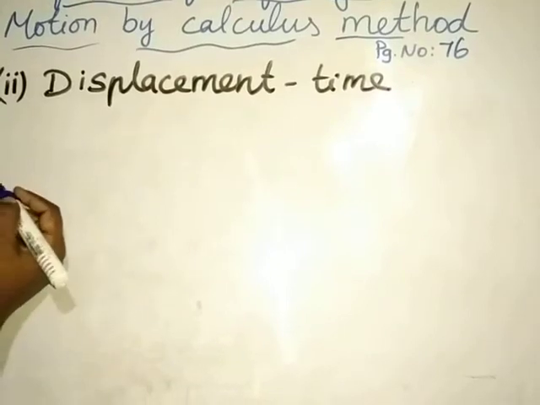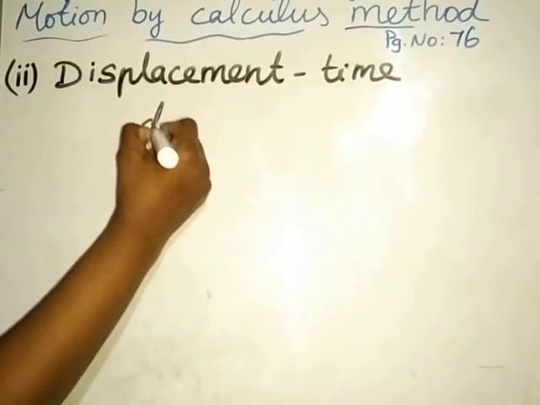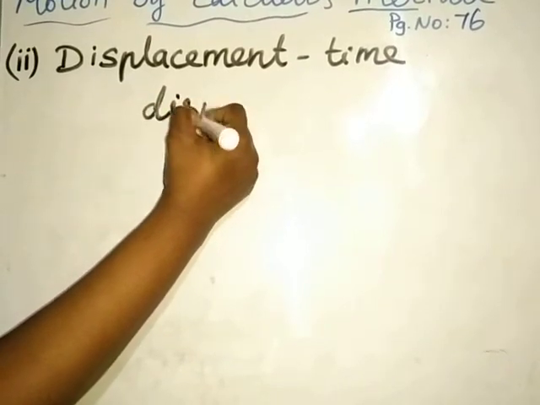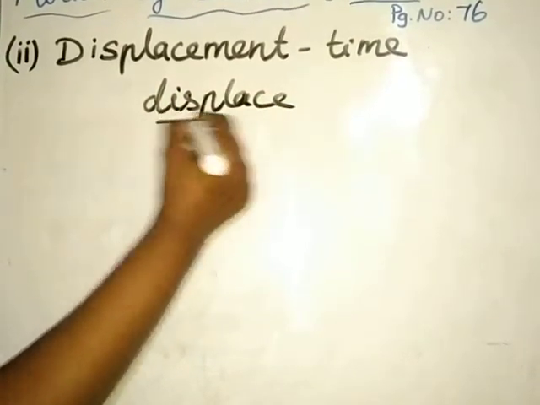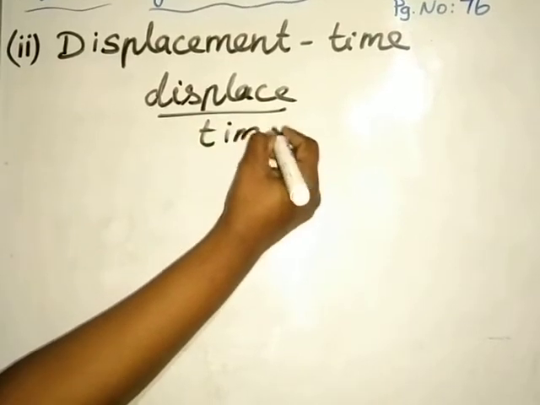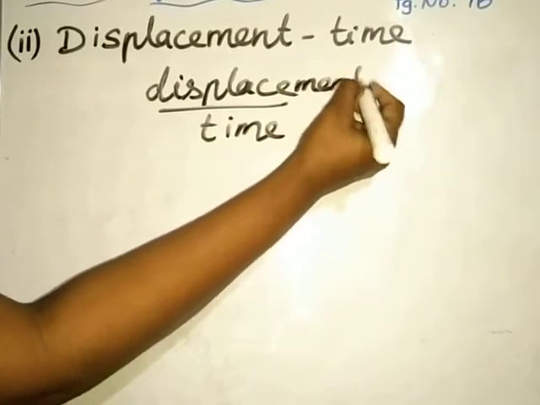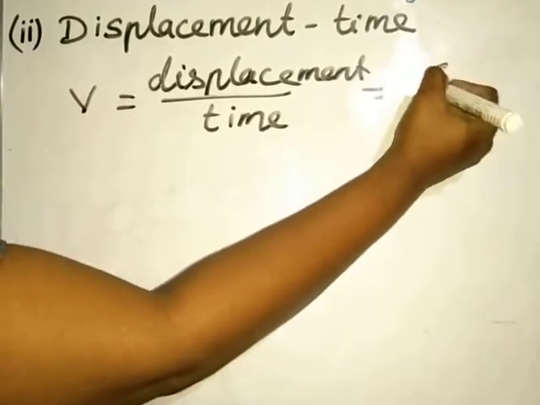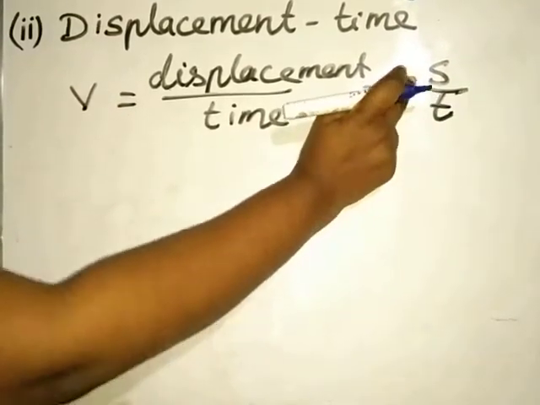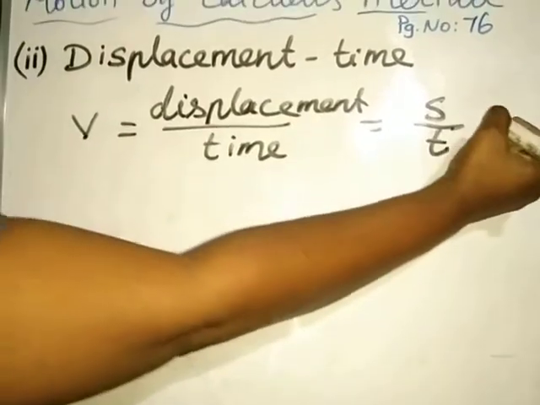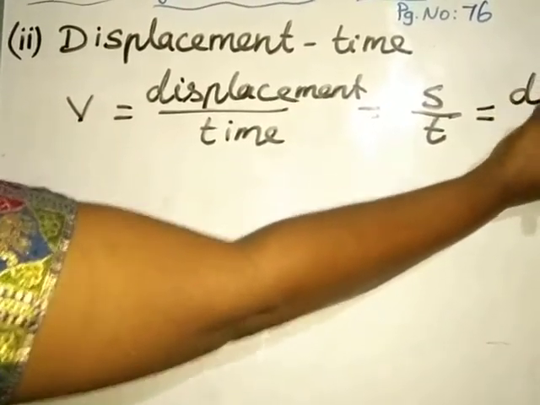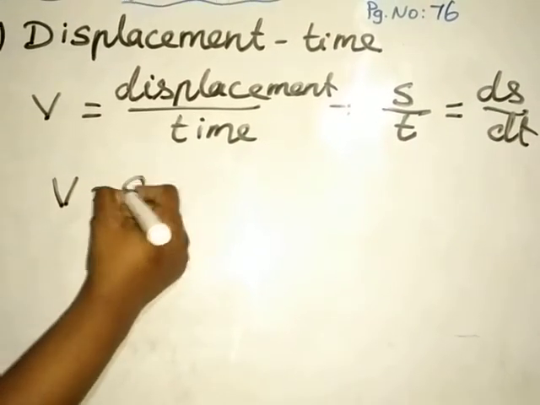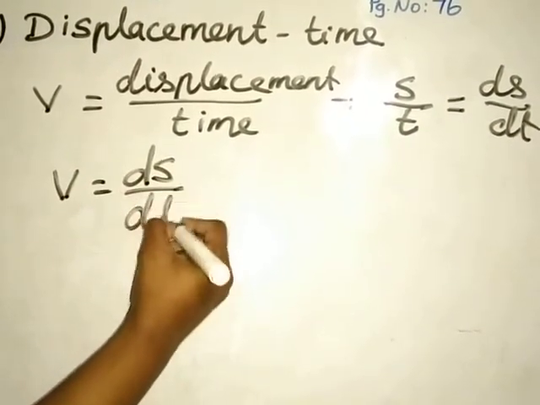The formula for displacement divided by time is velocity. This we can write as s by t, where s represents displacement. Otherwise we can write this as ds by dt. So the formula is v equal to ds by dt.